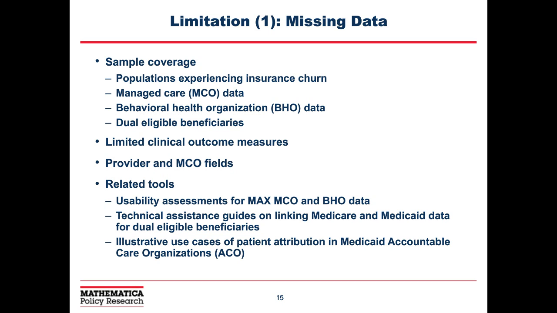I think the canonical example here is what Craig pointed out earlier: our beneficiaries served under managed care arrangements. We know that there has historically been a lot of missing data associated with encounters.